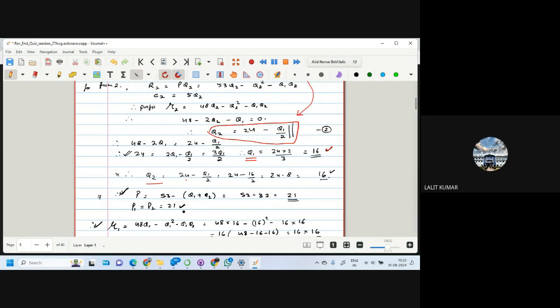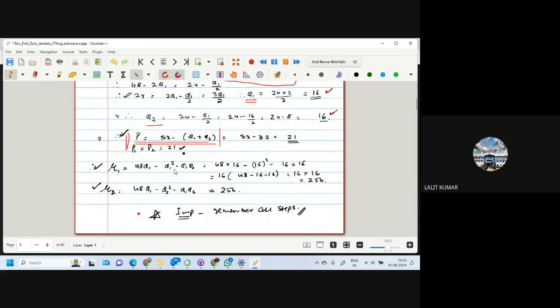Then we put it in the combined demand function, so we get the P. And using this P and Q1, now we can find the profit for both the firms. So this question has come twice, and if we remember the steps and know the concepts of Cournot competition, then we can easily do that.